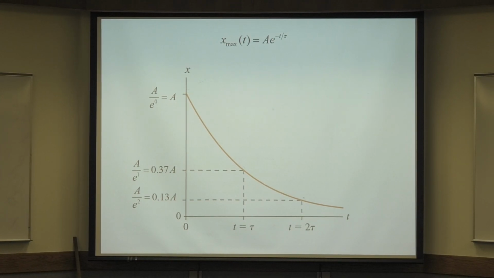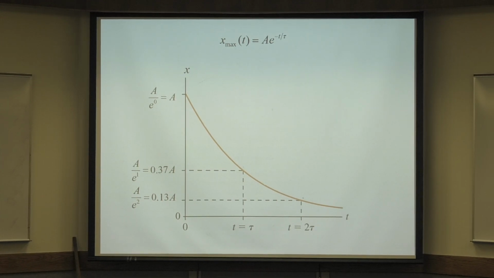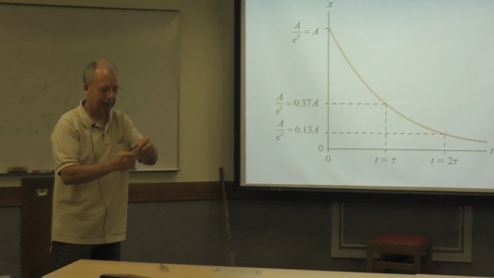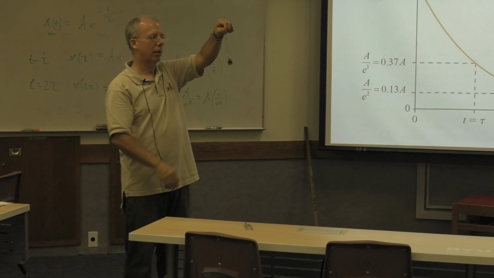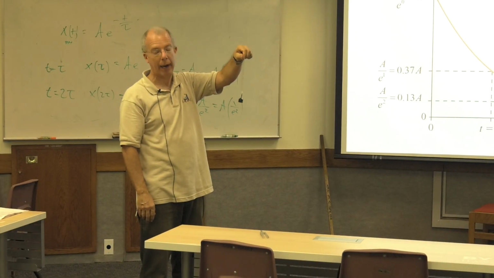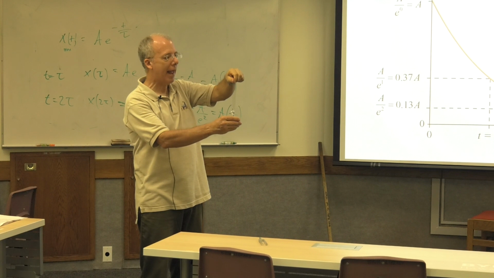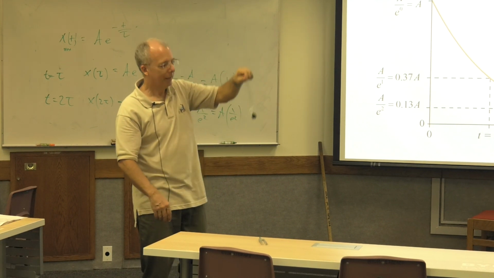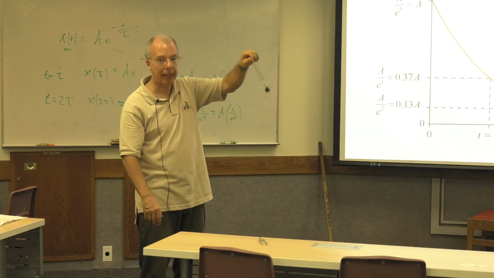Okay, last topic. We want to talk about driven oscillations and resonance. Okay, so look. This thing, I pull it down. Eventually it's going to stop, right? Well, what if I attached an oscillator to it? Then it wouldn't stop, right?